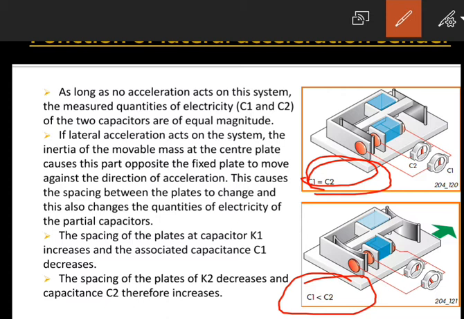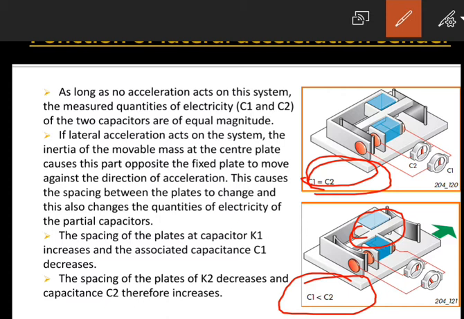This is simple. When cornering force acts on the vehicle, the capacitance changes, the movable mass gets moved, and by this the capacitance decreases.